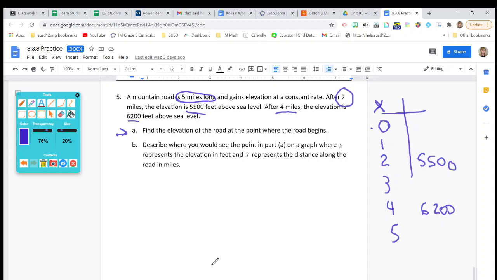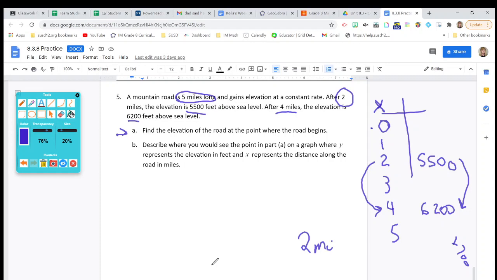And now they ask me, what is the elevation of the road at the point where the road begins? Well, from mile 2 to mile 4, it gains 700 feet in elevation. Did you see that? From mile 2 to mile 4, we have an elevation gain of plus 700 feet. So I can use this information to make a ratio. The change from 2 to 4 is 2 miles.